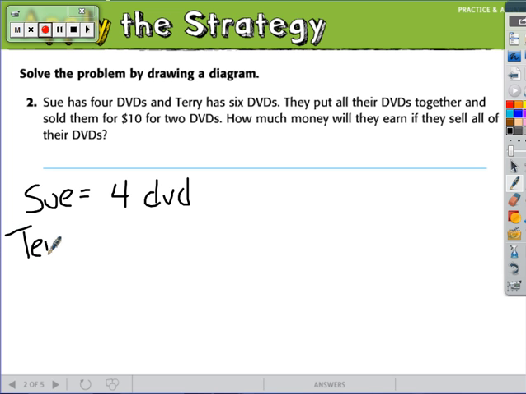Terry has how many? 6. Right here it says they put all their DVDs together, right? So that means we have to add these.